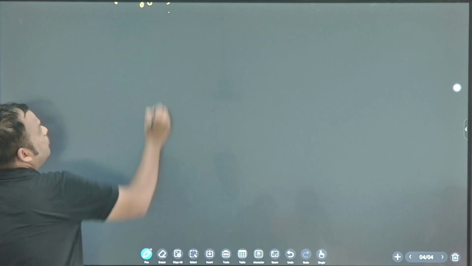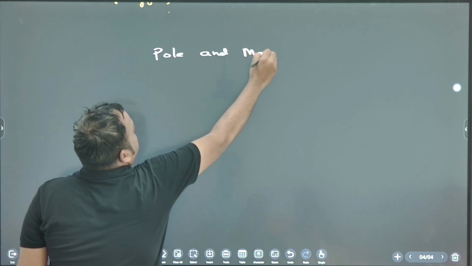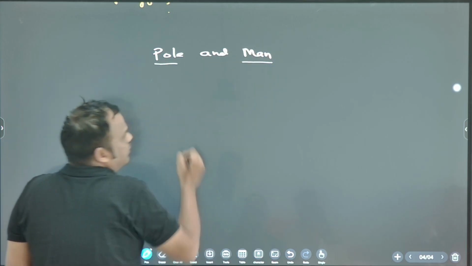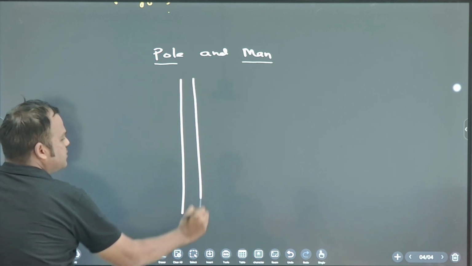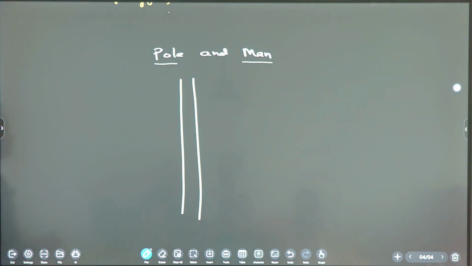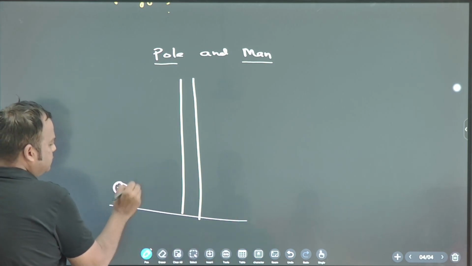Let's do one more example. Pole and man. You can note down this topic. It is a good question. See, this is a pole. And there is a person here.